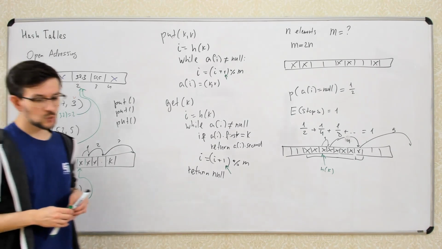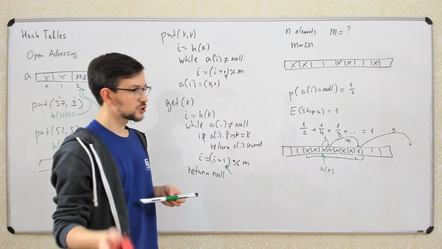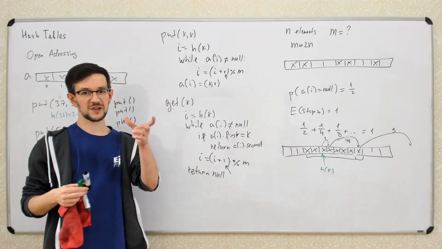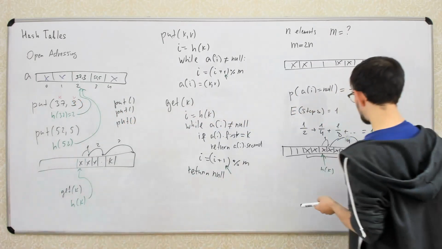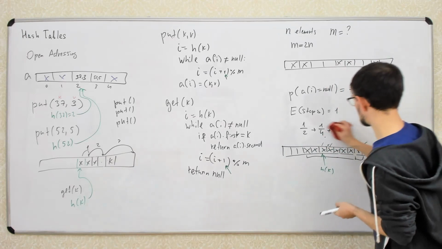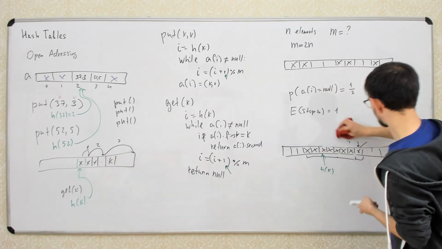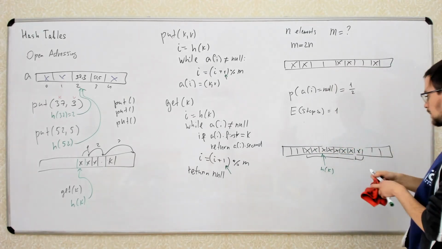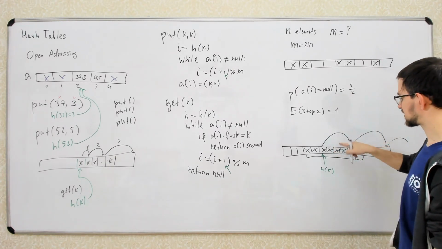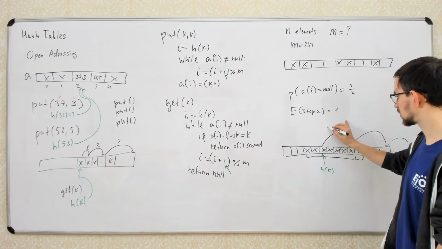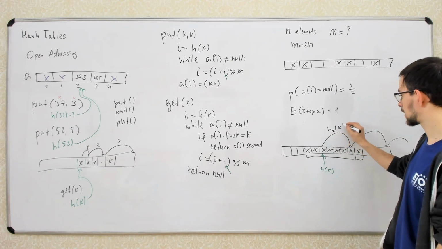Finally, what you can do is to make the length of your jump also random. So you start from here and make jumps of some length. You make this length equal to another hash function, so hash 2 of k.